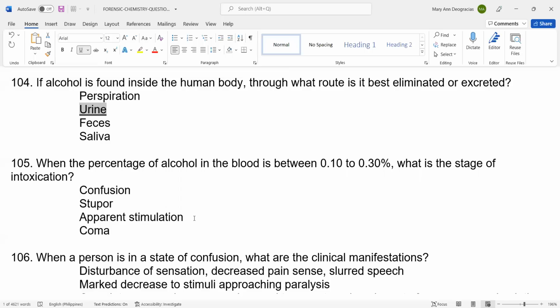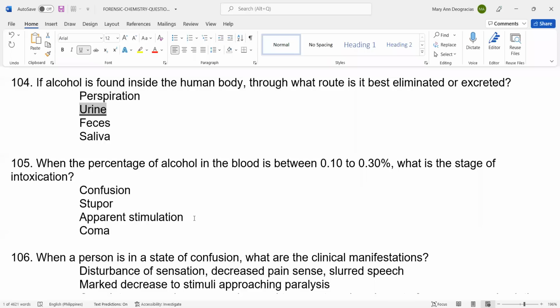Okay, number 105. When the percentage of alcohol in the blood is between 0.10 to 0.30%, what is the stage of intoxication? A, confusion. B, stupor. C, apparent stimulation. And then D, coma. Comatose na ba ang pere pagka nakainom ng konti?